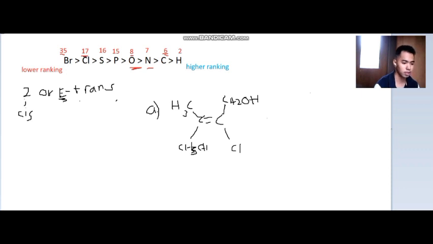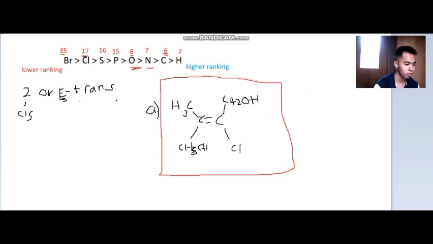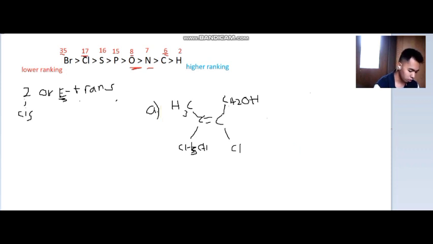So basically, this is the compound that we are provided. So this is the structure. All right. So how do we decide if this is a Z or an E compound? Similar to how we know if the structure is trans or cis, we do this.